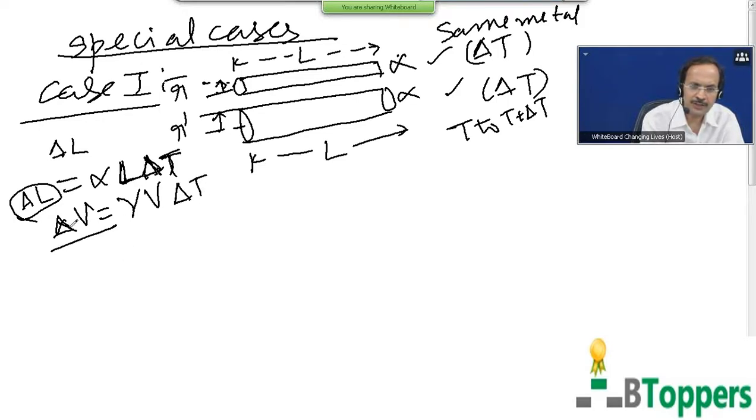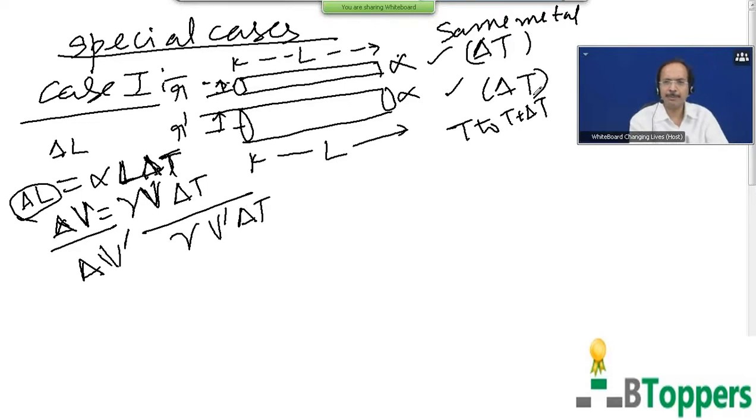Increase in the volume of the first rod is denoted by delta V and the original volume of the first rod by V. Increase in the volume of the second rod is denoted by delta V dash and the original volume of the second rod by V dash. Here both the rods are made up of the same metal and therefore gamma will be the same for both the rods. And both the rods are heated through the same range of temperatures, so delta T is the same for both the rods.